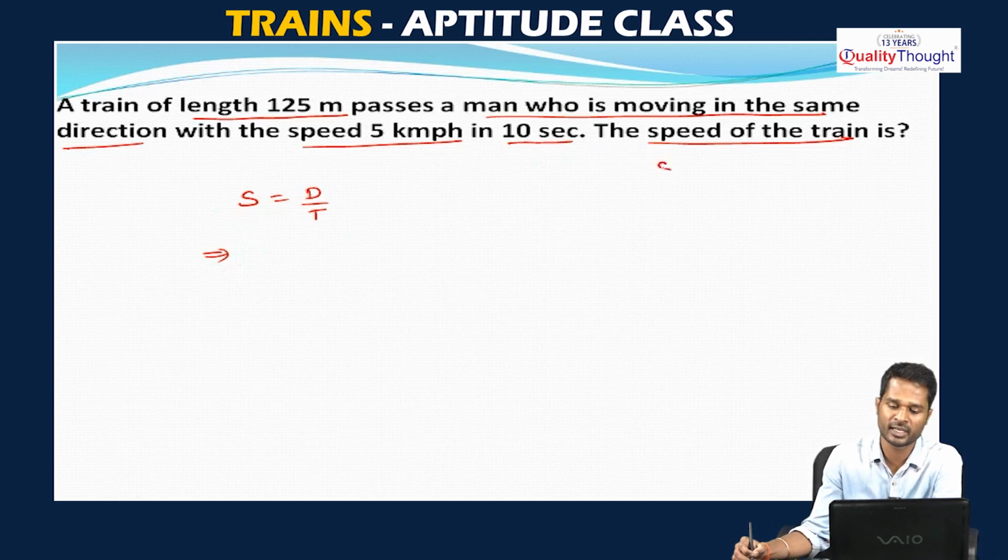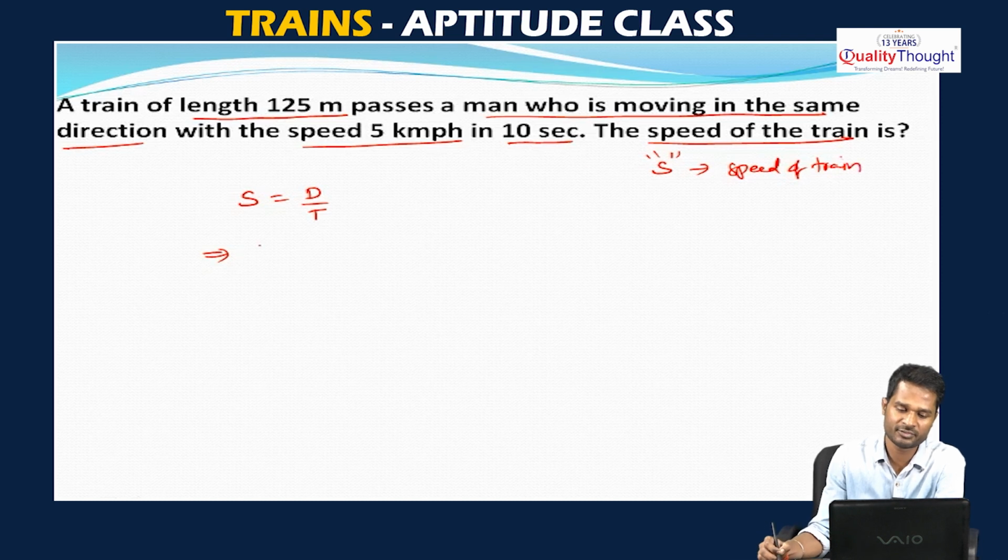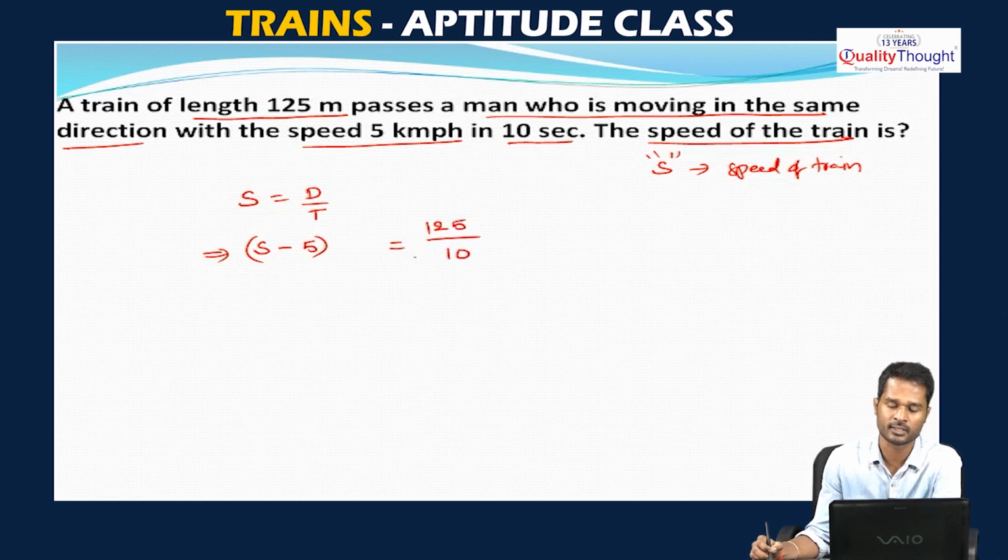Let the speed of the train be S. As both are moving in the same direction, let us subtract the person's speed, that is 5 kilometers per hour. This is equal to the distance, which is nothing but the length of the train, 125, by the time, 10 seconds.